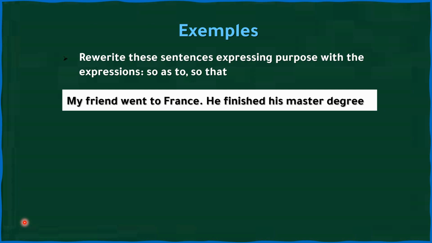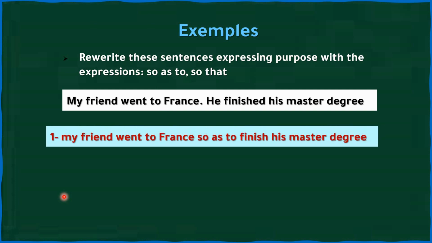So rewrite the sentence using one of these expressions, "so as to" or "so that." Yalla, who can do that? Yalla, Sumia, please. Very good. My friend went to France so as to finish his master degree. Why "so as to finish"?